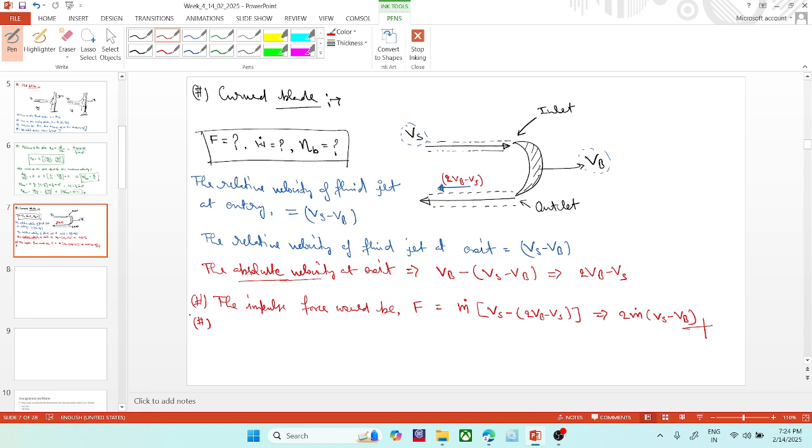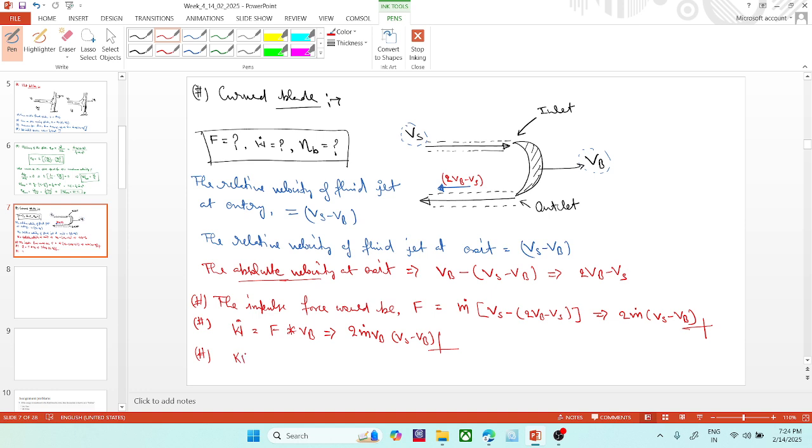Similarly, the power W dot would be F into blade velocity Vb. So the expression would be 2m dot Vb into Vs minus Vb.